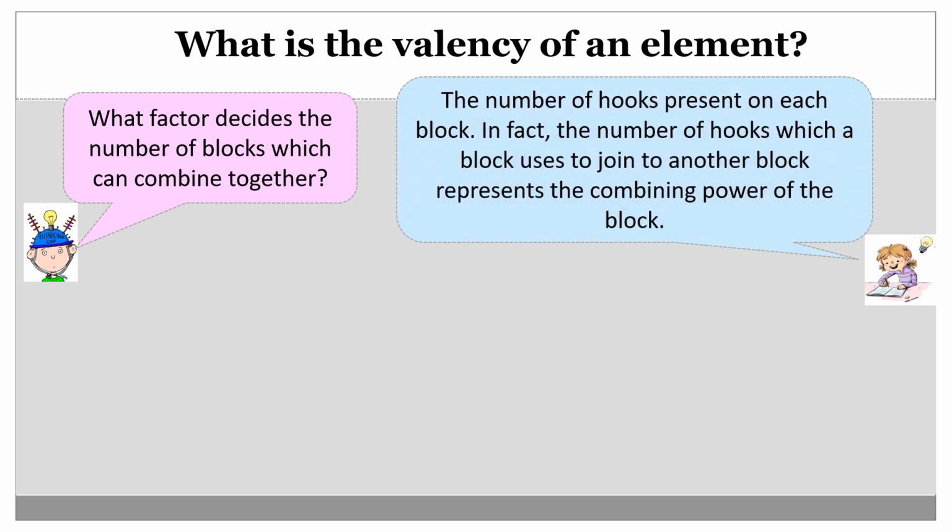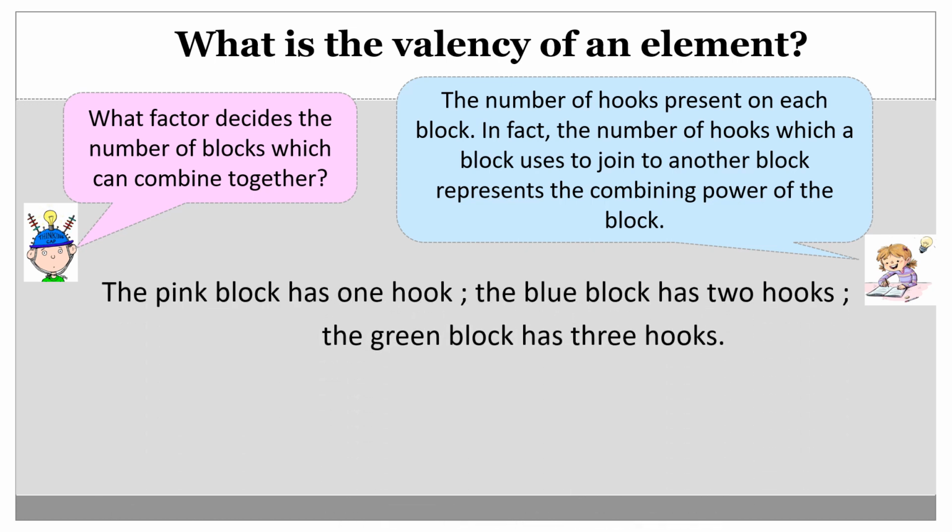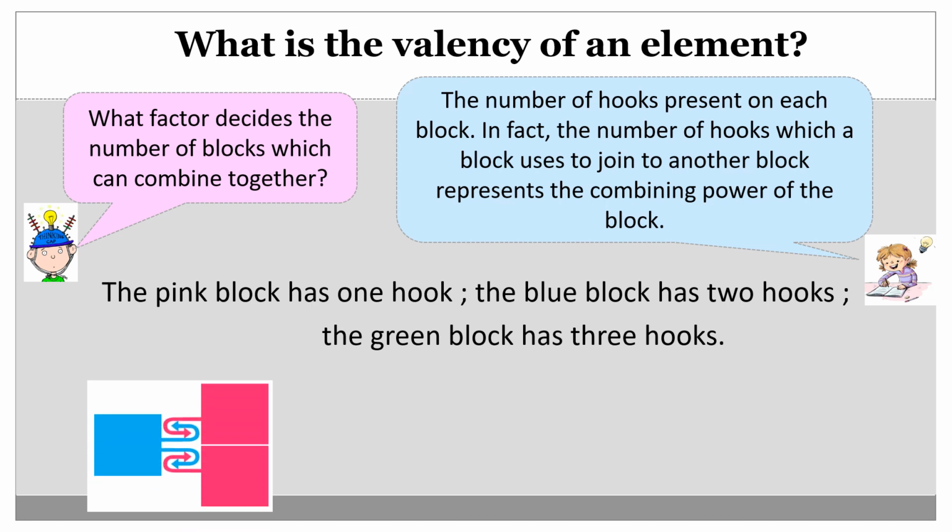The number of hooks present on each block. In fact, the number of hooks which a block uses to join to another block represents the combining power of the block. We have seen earlier that the pink block has one hook, the blue block has two hooks, the green block has three hooks.